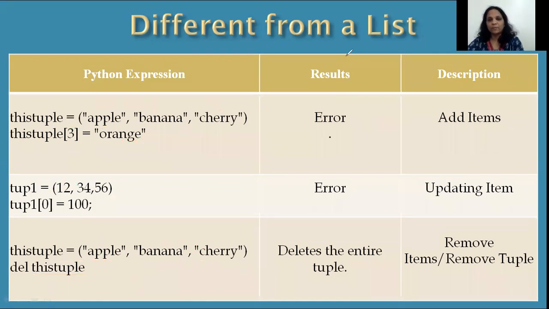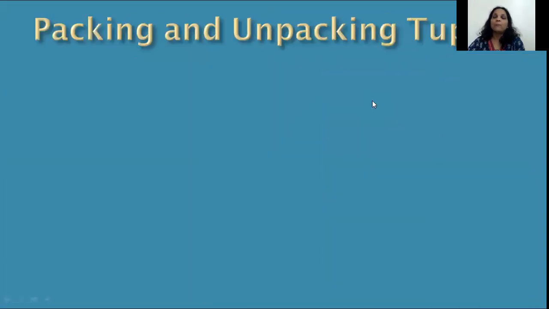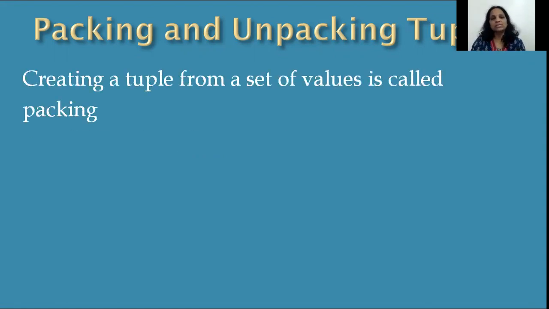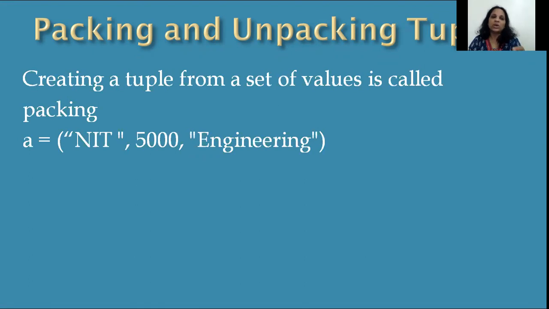Let's go ahead. Now, packing and unpacking tuples. Packing, you've just seen a few slides back, but you did not realize that it was called packing. When you give values to a tuple, that's called packing, because you're packing different data types, or similar data types, into a tuple. For example, if I write A is equal to NIT, 5000, engineering, 3 values, I'm packing them into a tuple named A. Unpacking is the opposite.